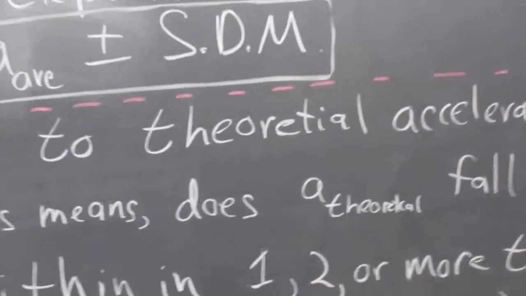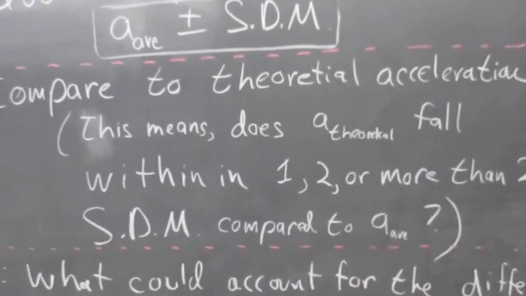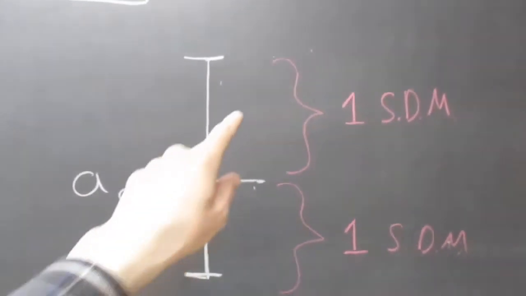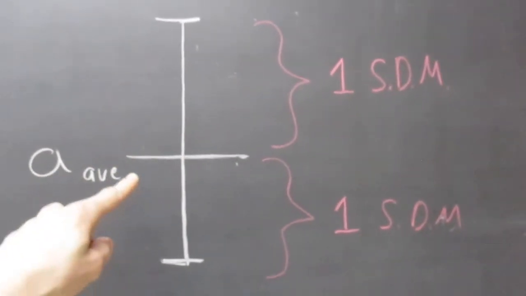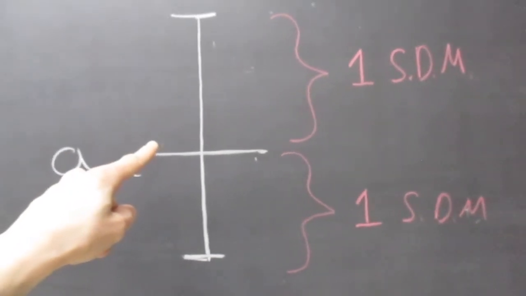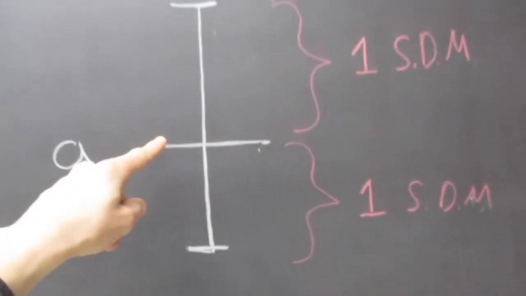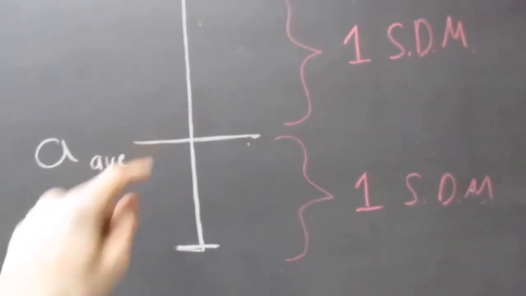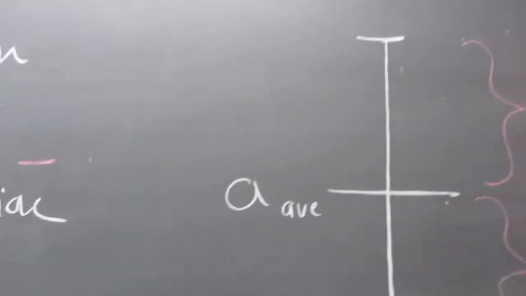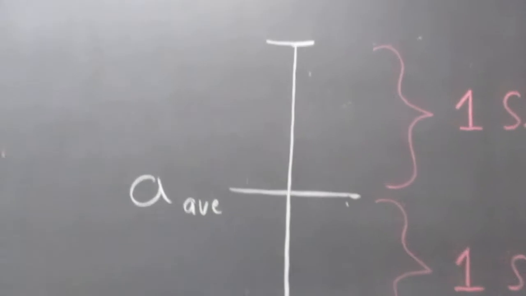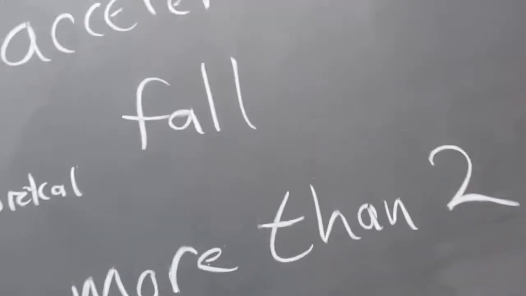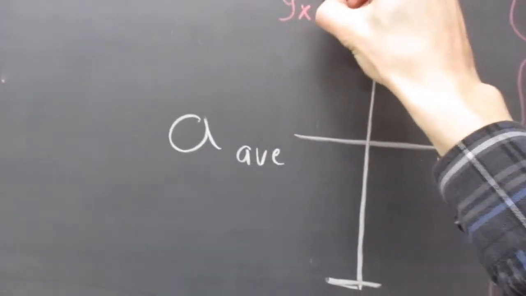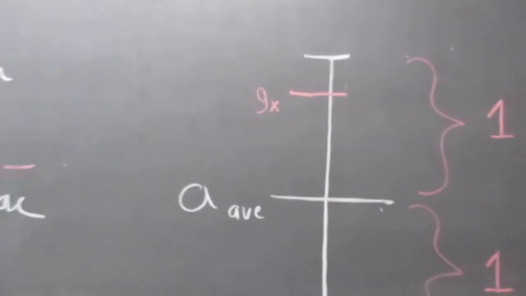So we look at standard deviation as error bars. The reason we say plus or minus, and here's a representation, if this is our standard deviation, this gives us some range of predicted data, plus or minus our average value. Now the question is, does our theoretical value, g sub x, fall within that range or not?